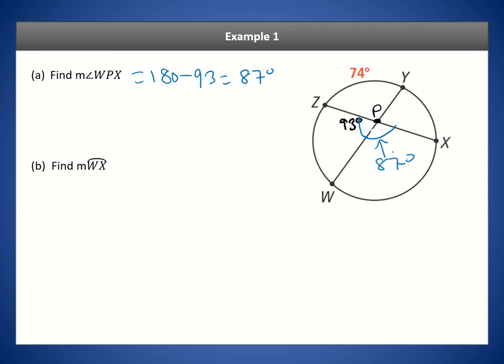Now this time, if I wanted to find arc WX, now that I know this angle is 87, I know by the theorem from earlier that this angle has to equal half the sum of its intercepted arcs, WX, which I'll call X here, and the intercepted arc on the other side, which is 74.